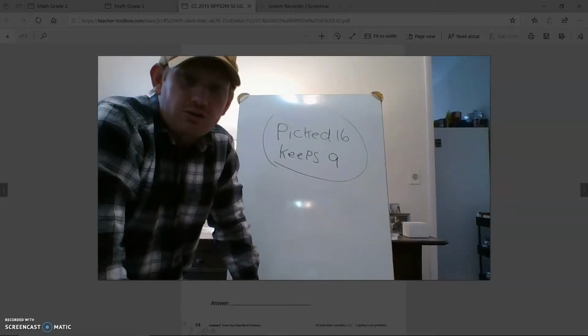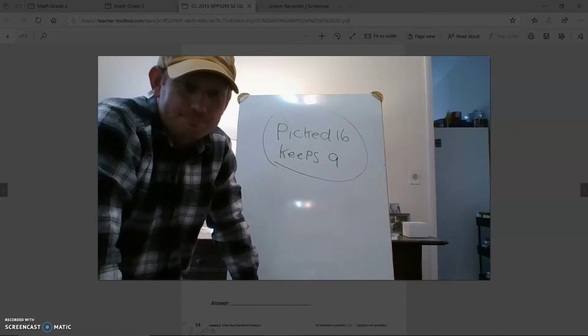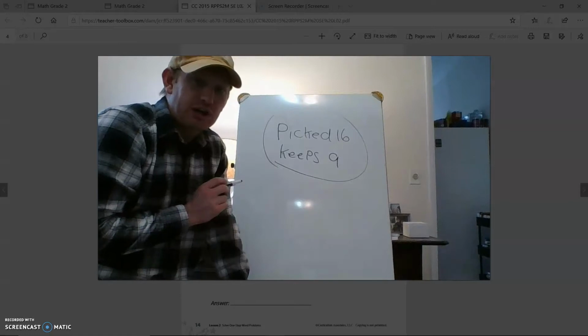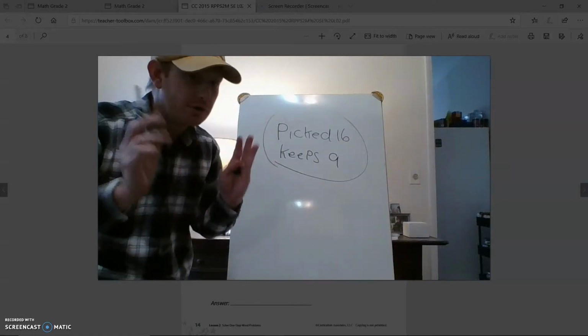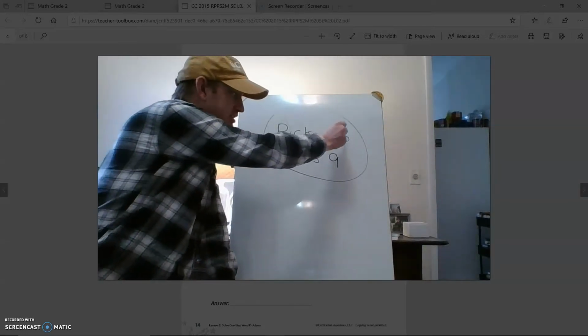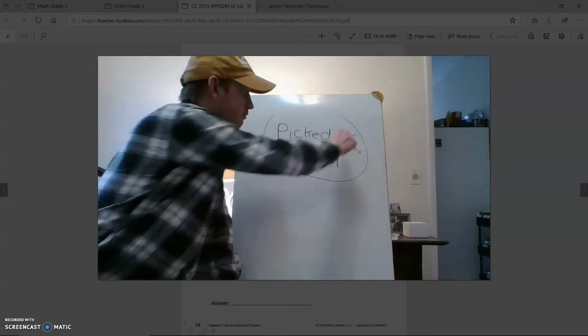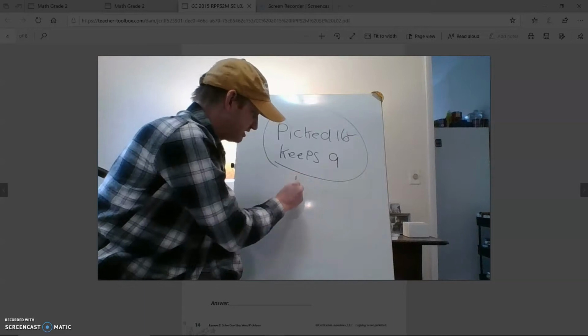So let's draw a tape diagram. At the top of the tape diagram goes the total number. And so the total number is 16. That's all the apples that he picked. So we put our 16 on top.